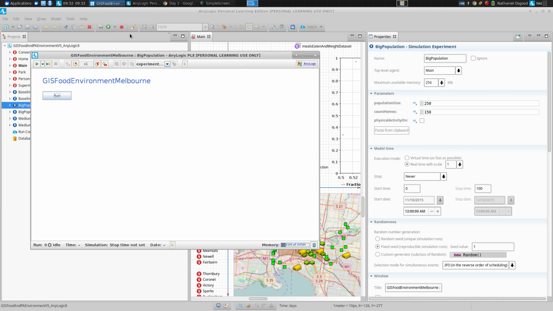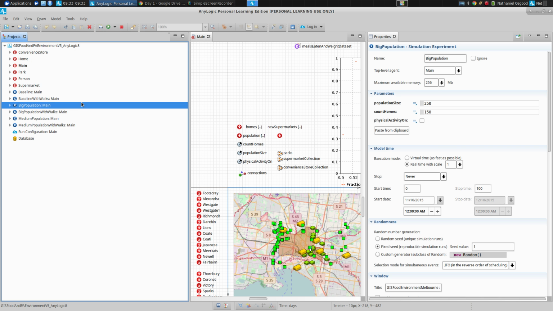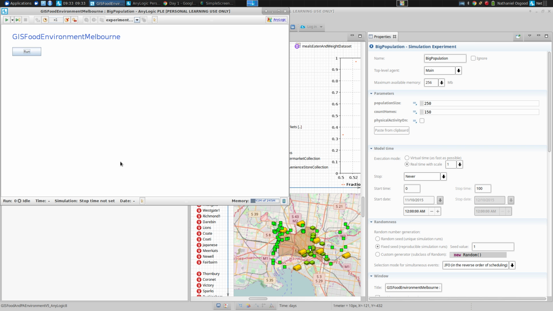Or I could have used this choice here. In general, AnyLogic provides a couple different ways of undertaking tasks. It tries to make it convenient to you to allow you to choose the way. The one I find most helpful is the one that's most specific. I just right-click on the one I want to run, and I choose Run. Okay?